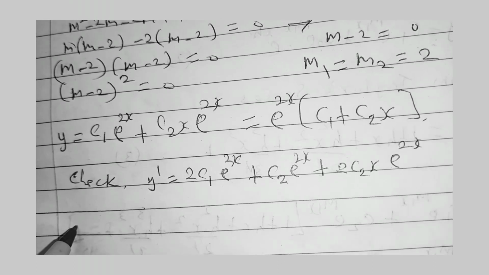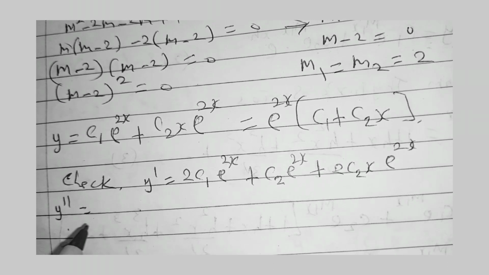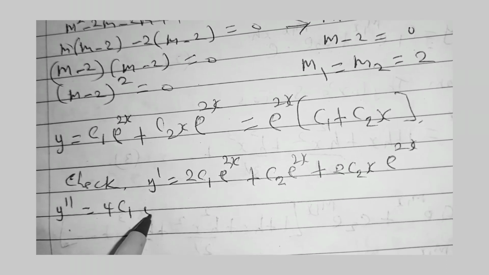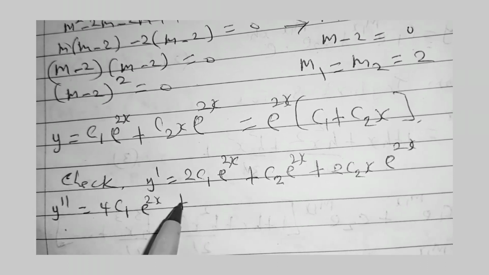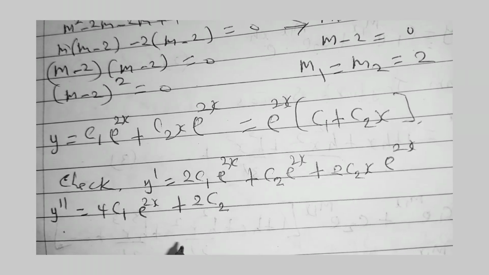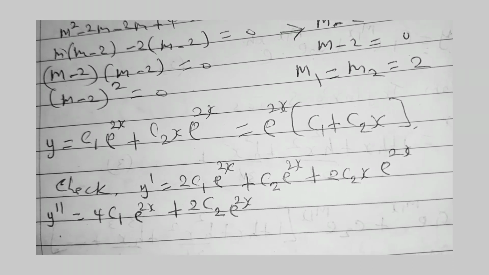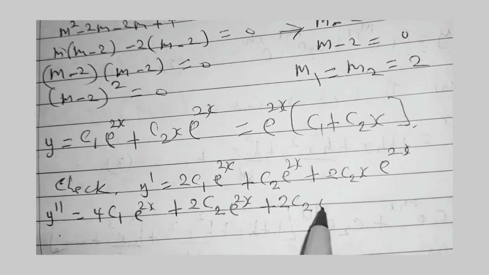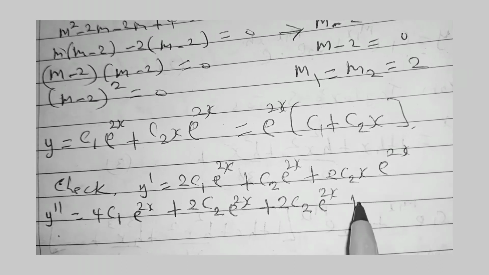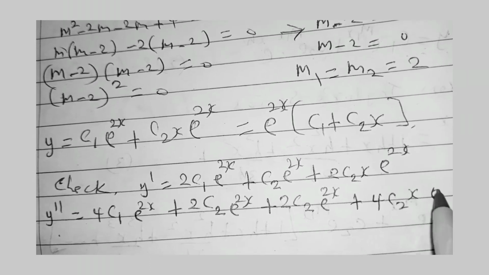Then you get y double prime, which will give you 4c1 exponential 2x plus 2c2 exponential 2x plus 2c2 exponential 2x plus 4c2x exponential 2x.